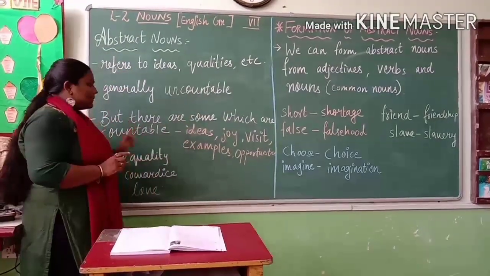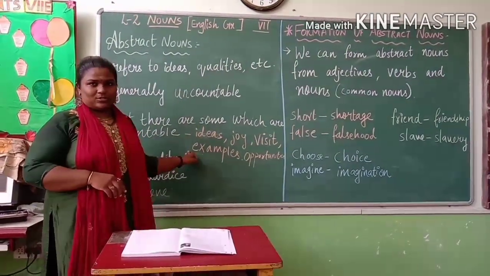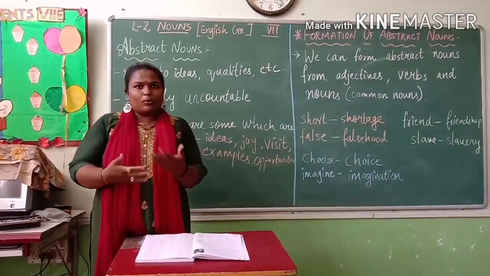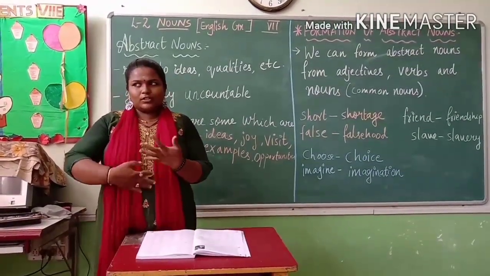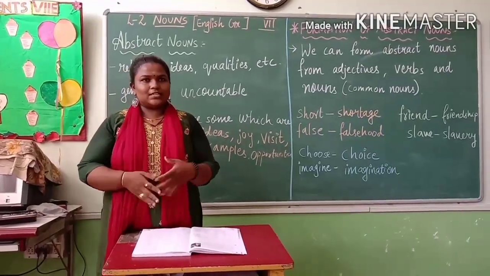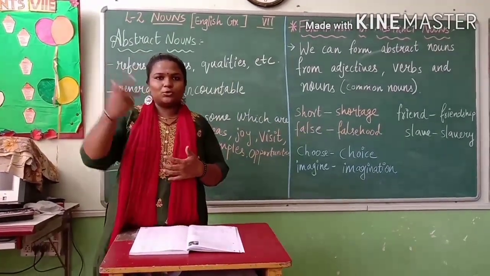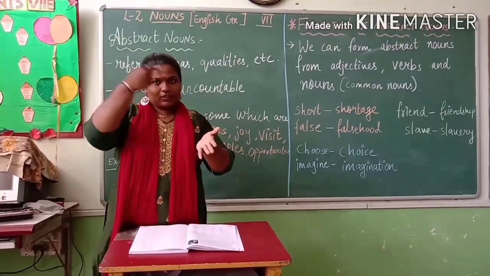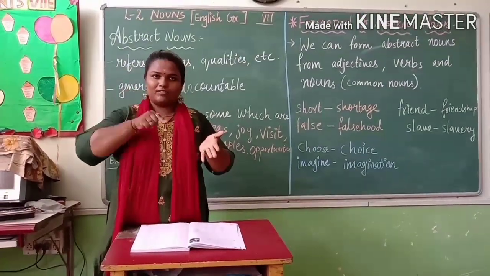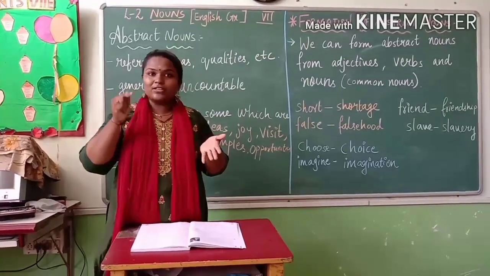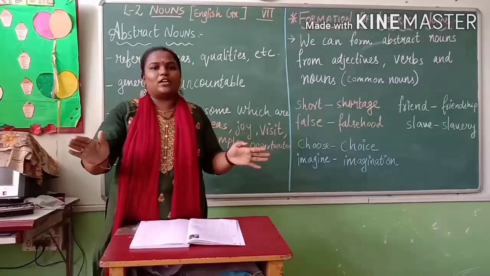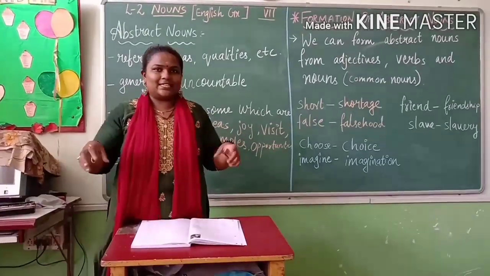But there are some abstract nouns which are countable. In case of any problems where we need solutions, we can ask, okay, you give the solution, you give the solution. Many people will give you solutions. We can jot them down, we can count one idea, two ideas, one solution, two solutions. Likewise, we can count, but in that one idea, how much is there, that we cannot know. We cannot know the intensity.